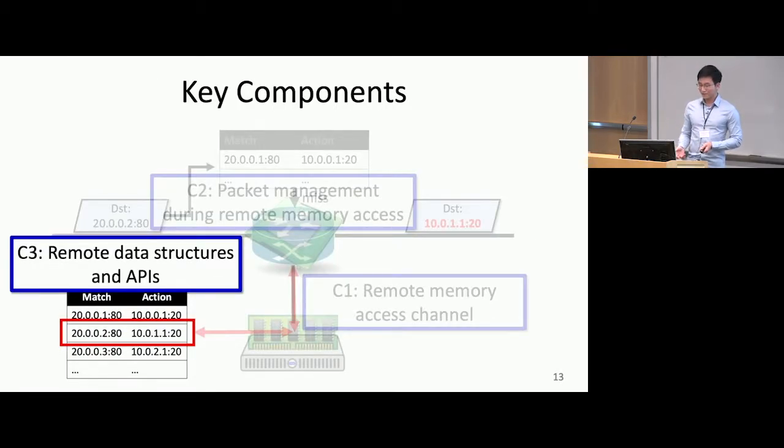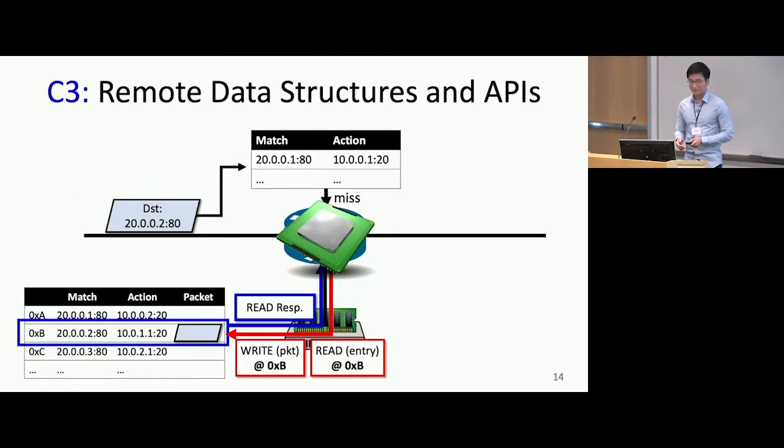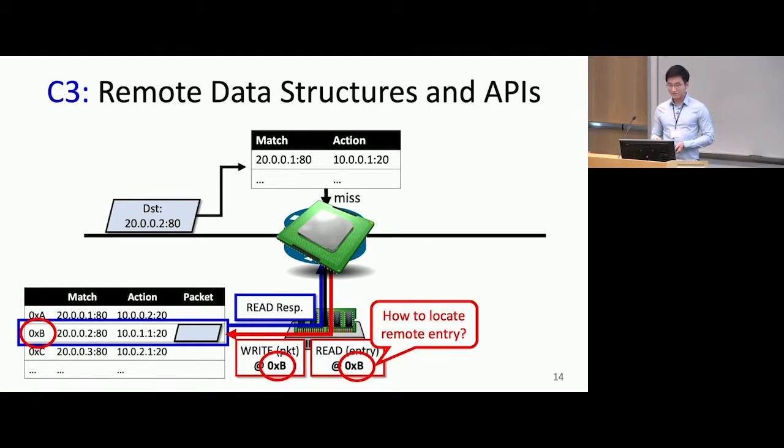The last component is the remote data structure in remote memory and APIs to access it. In this example, to look up an entry from the remote lookup table, the data plane needs to know the remote memory address corresponding to the entry key.